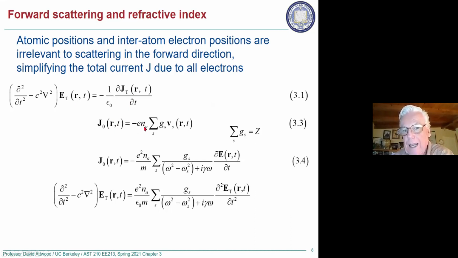So here, the N now is the atomic density of all the atoms of a certain kind that are there, and you may have to sum over different elements there, and V sub S for the electron. So this is what we did in the previous lecture, and you could go back and check it.